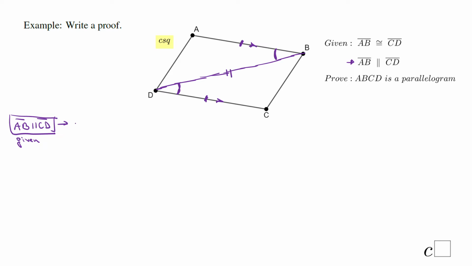Angle BDC congruent with angle DBA. And the reason is these are alternate interior angles and they are congruent.